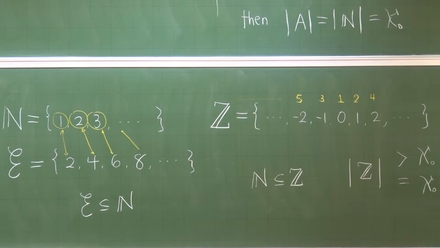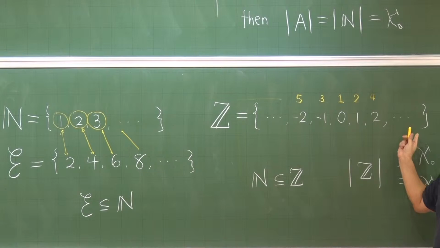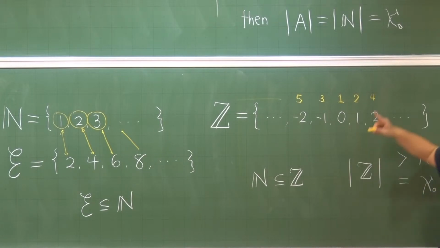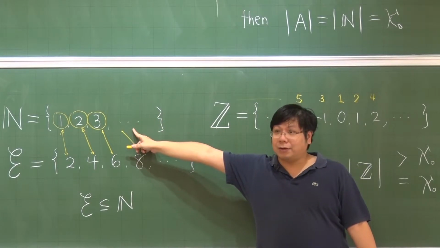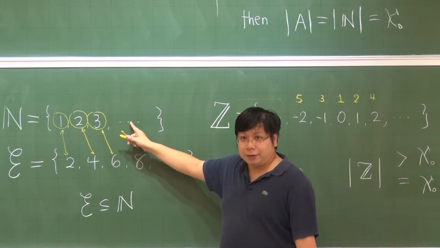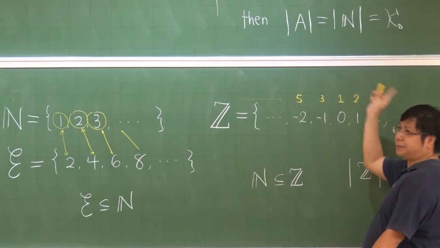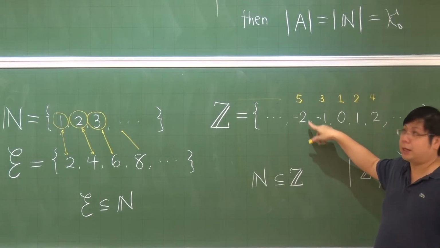The reason is that if I pick any number here, for instance 7, then using this scheme there will be a particular natural number mapped to this 7. Similarly, if I have a number here, let's say 5, then using this process I will always find a particular number in Z that corresponds to the 5.